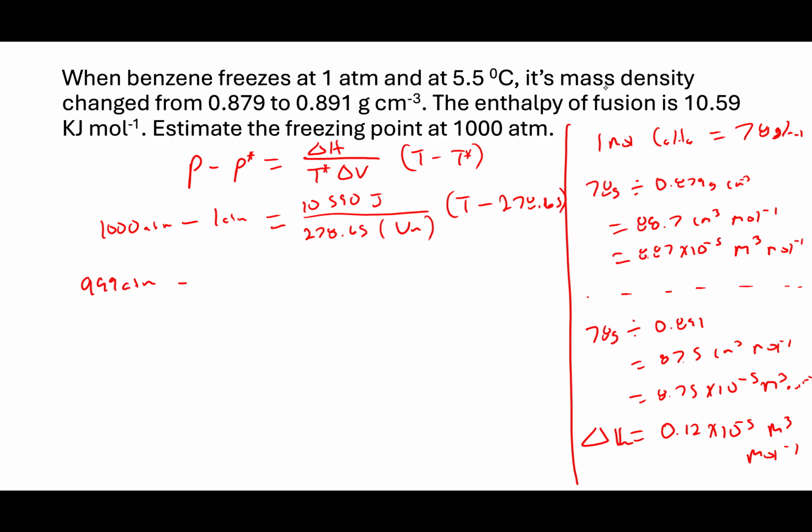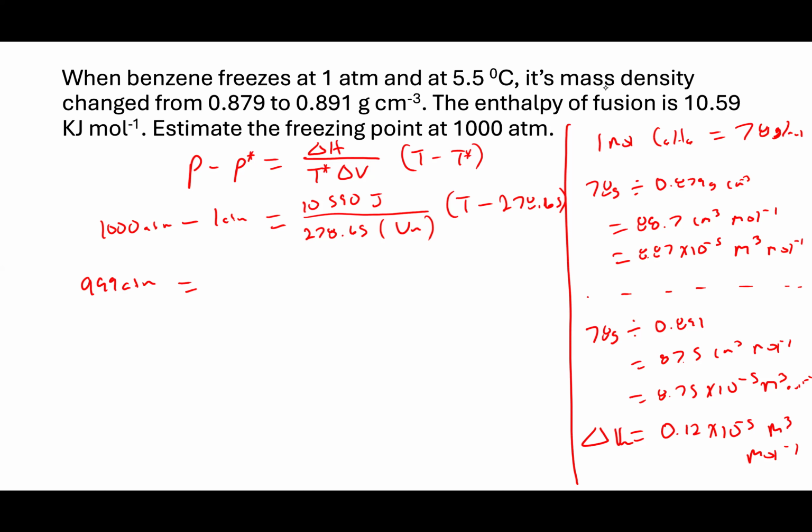Right. Everything in the middle is going to be 10,590 divided by 278.65 times 0.12e-5.